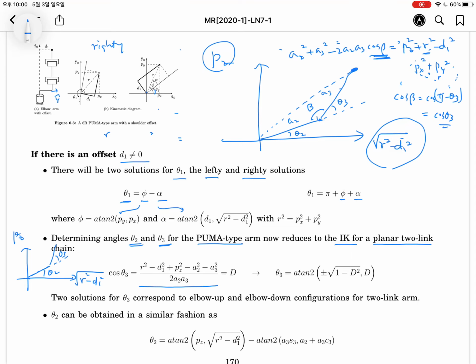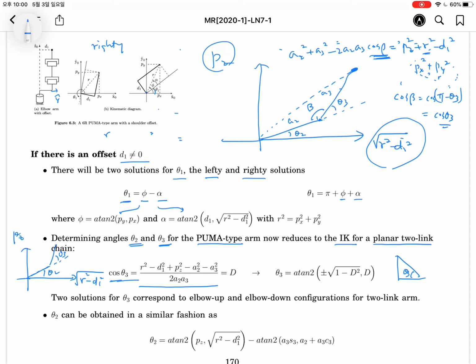And then if you know the cosine theta 3, let's make another right triangle. This is the theta 3. If you denote the cosine theta 3 as d, at that time, this will be 1, and d. I'm sorry, this is the d, 1, and this will be the square root of 1 minus d square.